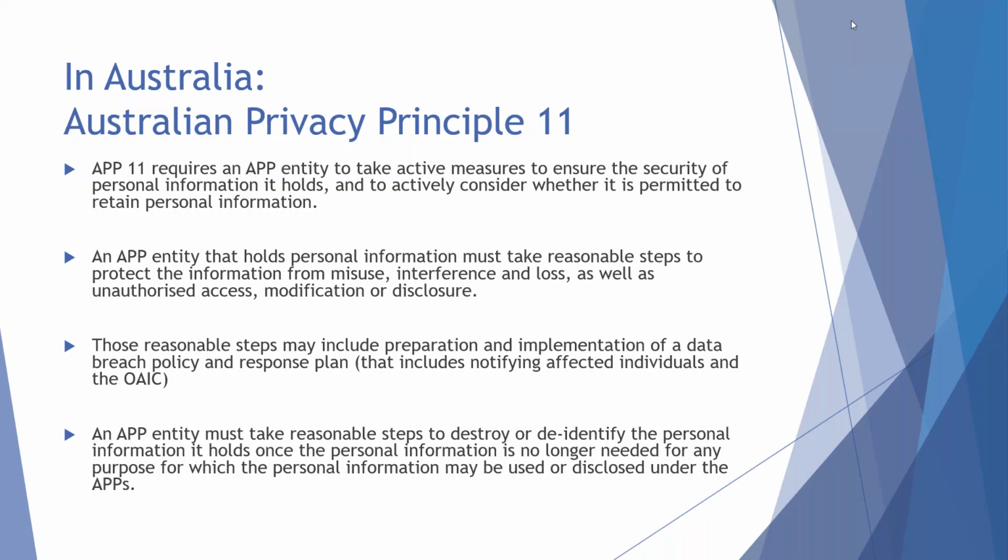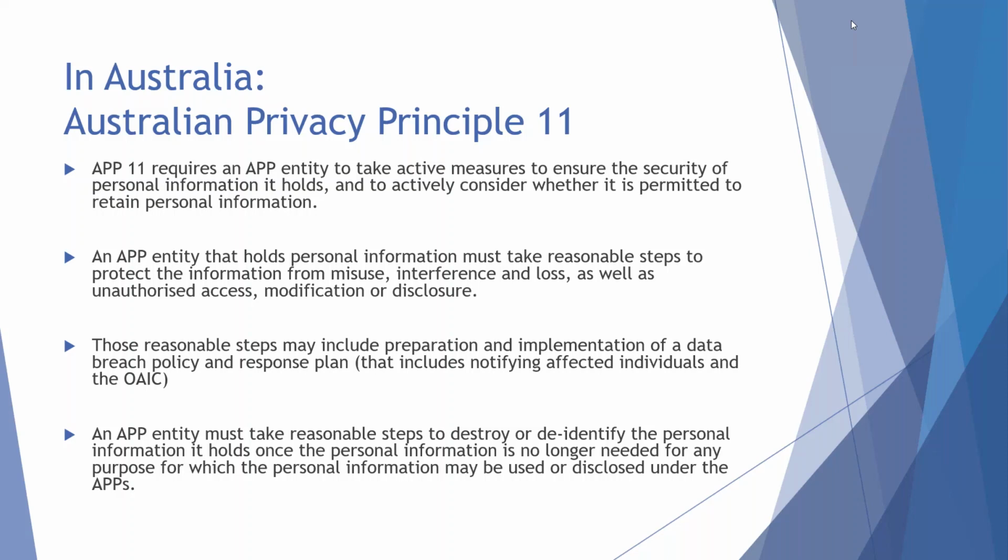The second clause is that an APP entity must take reasonable steps to protect the information from misuse, interference, and loss, as well as unauthorized access, modification, or disclosure. So what does reasonable steps mean? The Privacy Commissioner published guidelines to protect personal information.